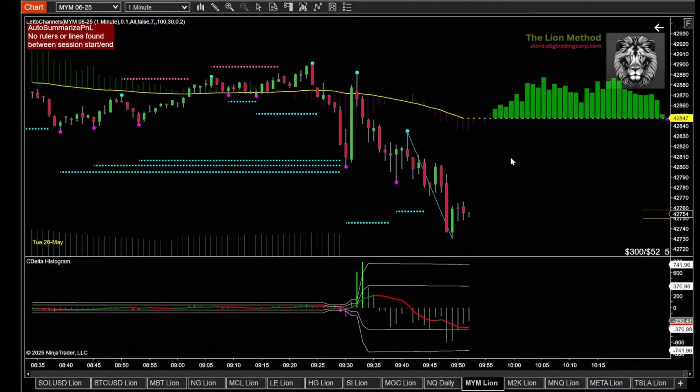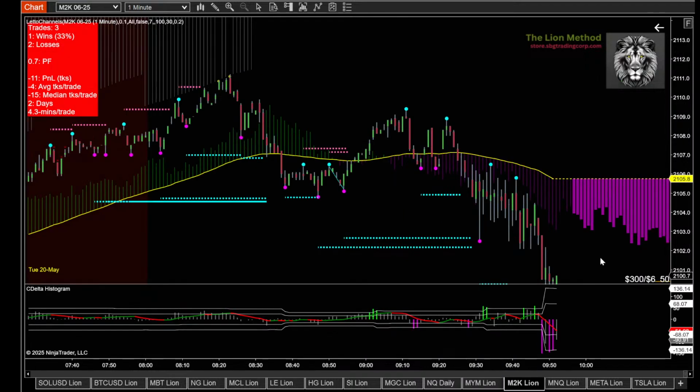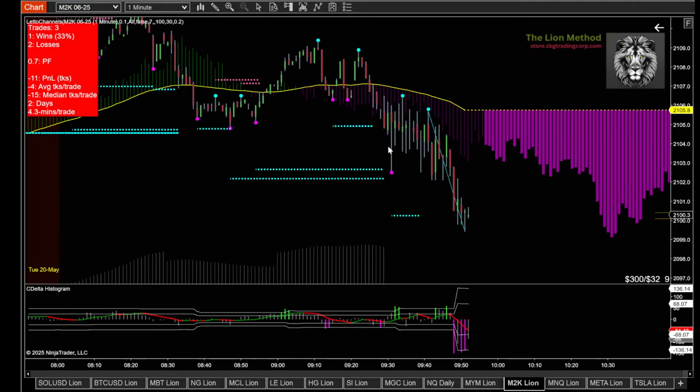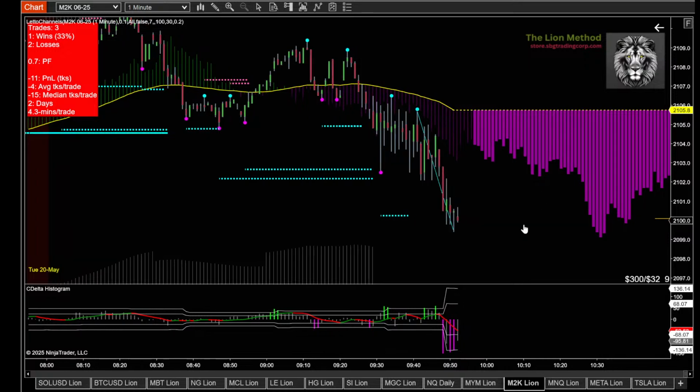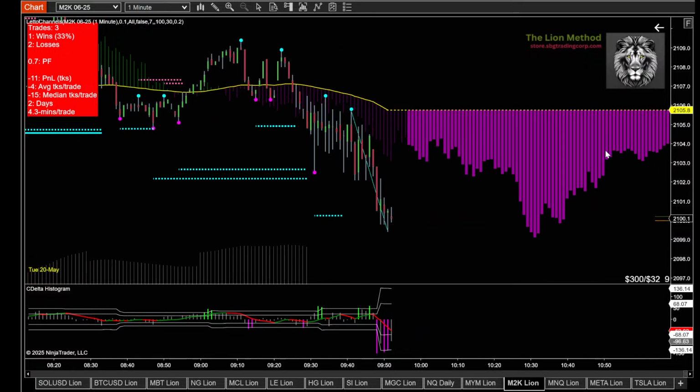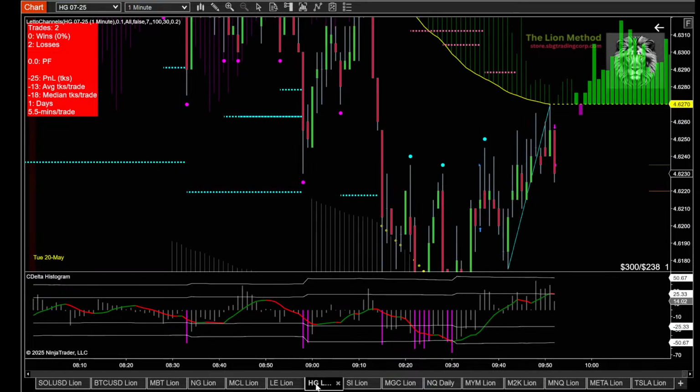Switching over to the YM. Here is the Russell. So the equities are taking their, again, the tendency histogram is coming to fruition here. Tendency is downward, and that's, oh, our stop just got hit in copper, guys. Yeah, so we're out with break even on that.